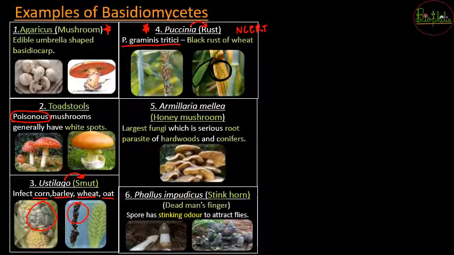But when they grow in groups, they seem to be like dead man's fingers. So generally they grow in graveyards or places where there are dead bodies, so people gave it the name dead man's finger.